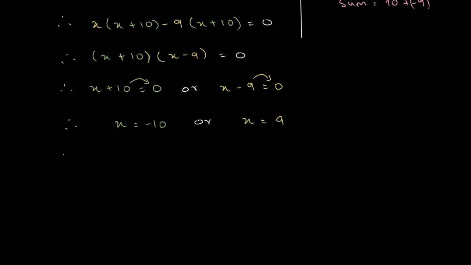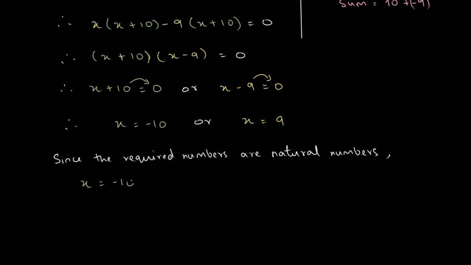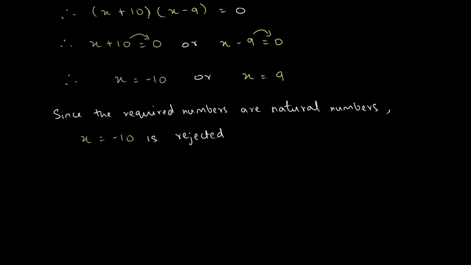Therefore, since the required numbers are natural numbers, x is equal to minus 10 is rejected. And this gives us the answer that x should be equal to 9.